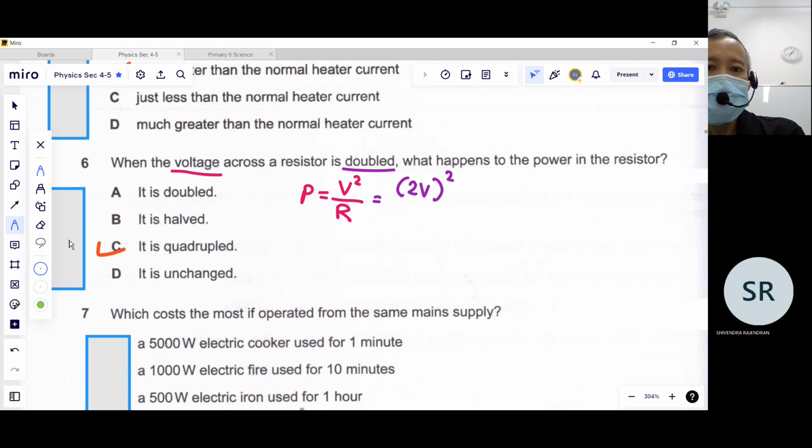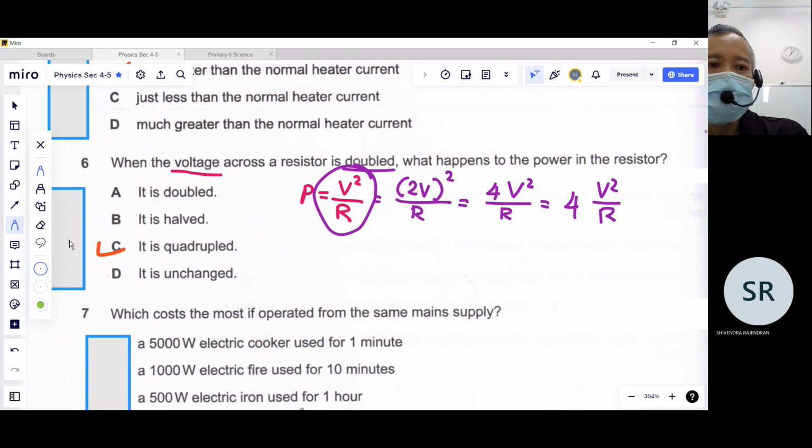The square is still there. So what happens? 2 times 2, or 2 squared, is 4. So it becomes like that, 4 times the initial value. So it should be quadruple. Of course, I assume you know what quadruple means.